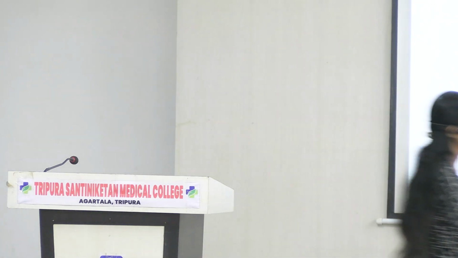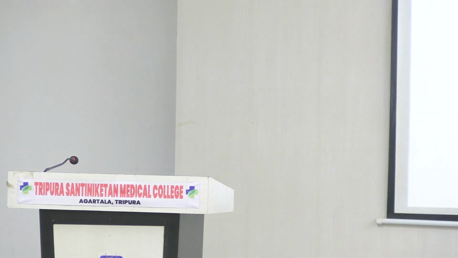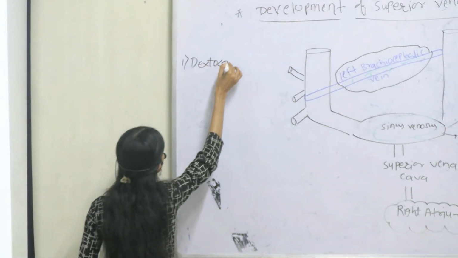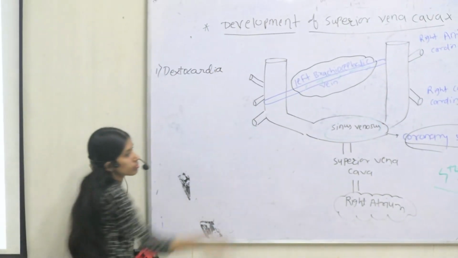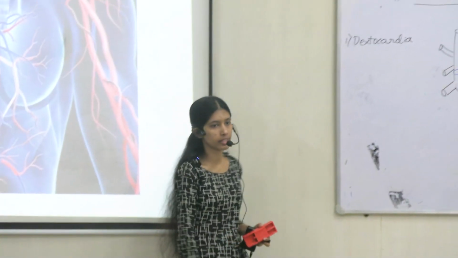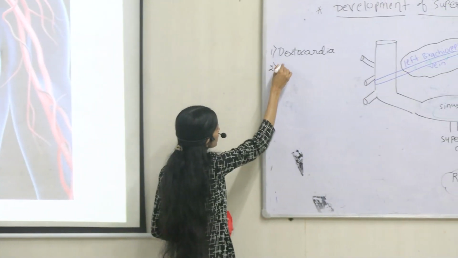Okay, in cardio, take down the points. Development of cardiovascular system. We have many clinical conditions. Among them, 3 are very important. The first one is Dextrocardia. And the second one is Fallot's tetralogy.